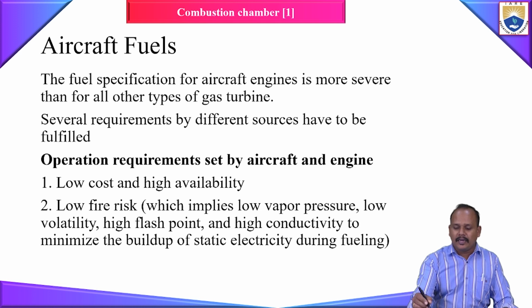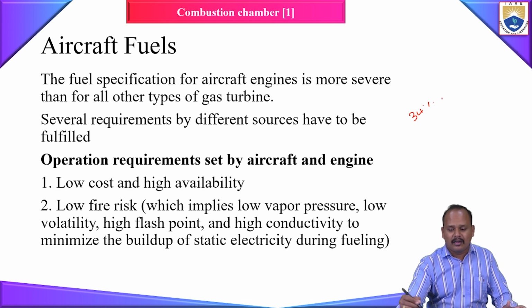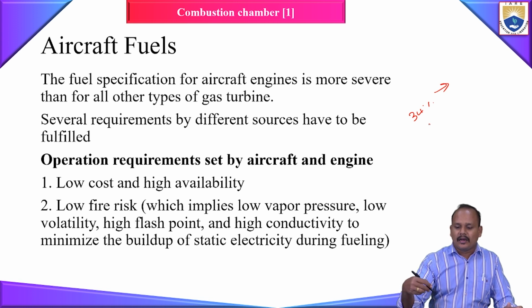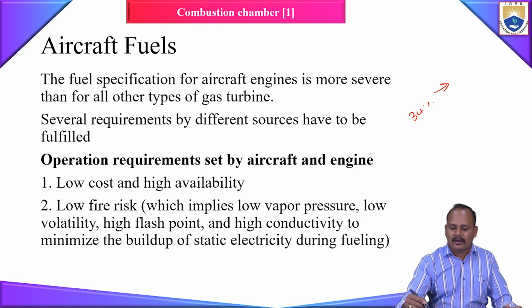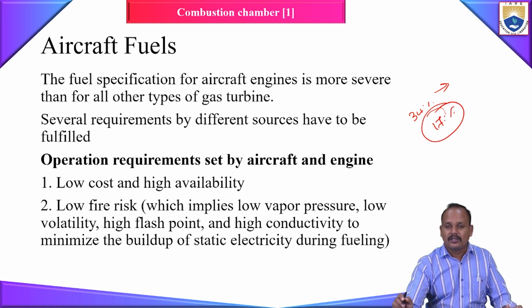When you take the operation of your aircraft, almost 34% is used for labor cost. Next to labor cost, the most amount they spend on the operation of the aircraft is the fuel. It requires almost 17%.